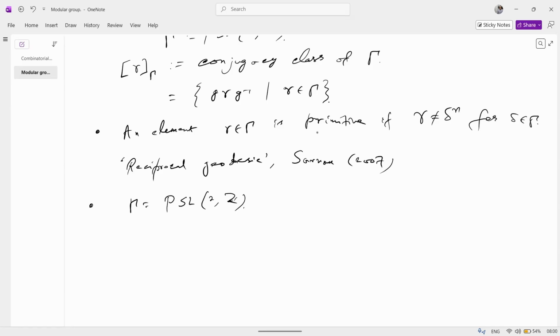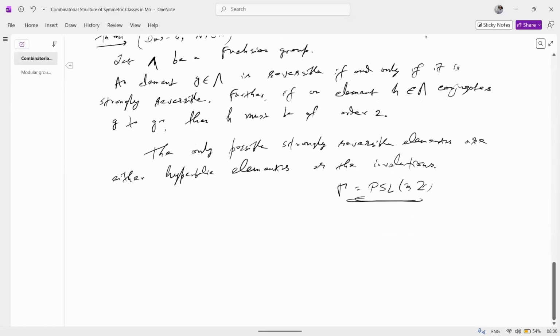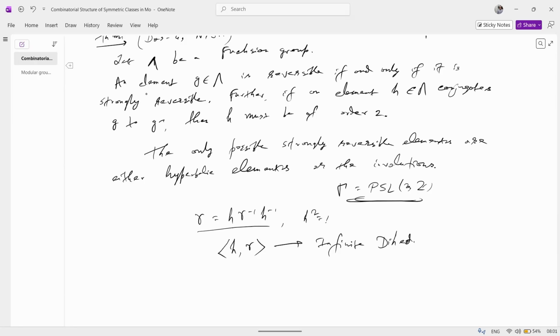One thing I must say that I forgot to mention here: when you take a Fuchsian group, say the modular group, suppose you take a hyperbolic element gamma and you have gamma reciprocal. Then that is an infinite dihedral subgroup of gamma.